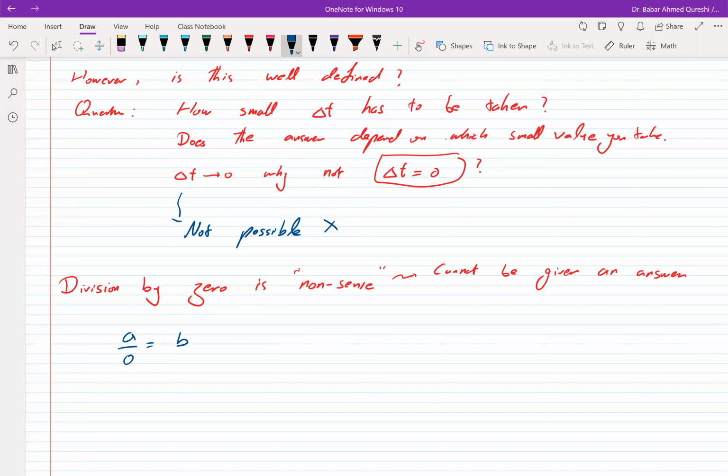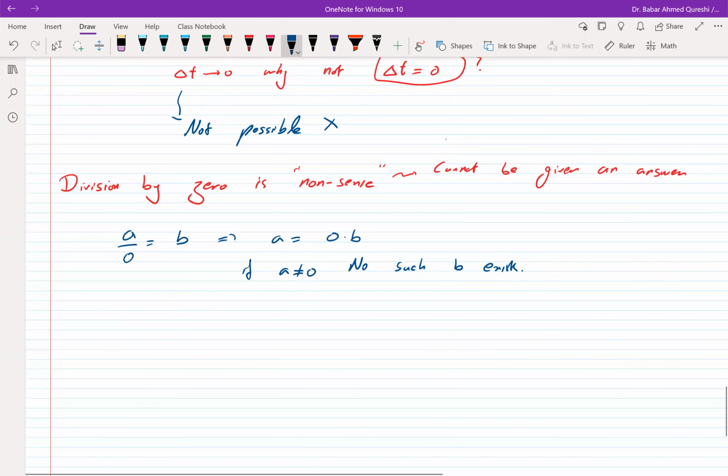If I say that this is equal to b, this division by definition means that this b is that number which, when multiplied by 0, gives me an a. And if a is not 0, no such b exists, because there's no number which you multiply by 0 and get a non-zero number. You always get a 0.